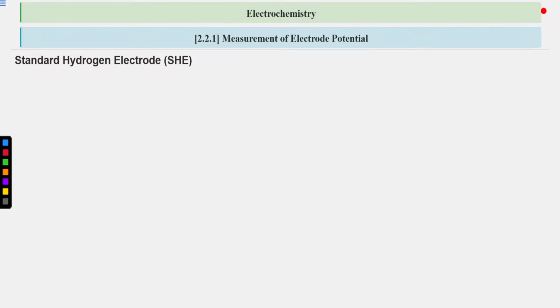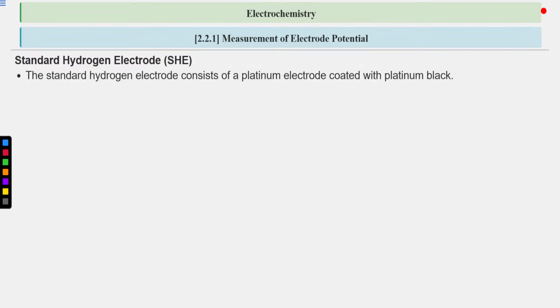Now let's define the standard hydrogen electrode completely, which, as I said, you can represent by SHE. The standard hydrogen electrode consists of a platinum electrode which is coated with platinum black.